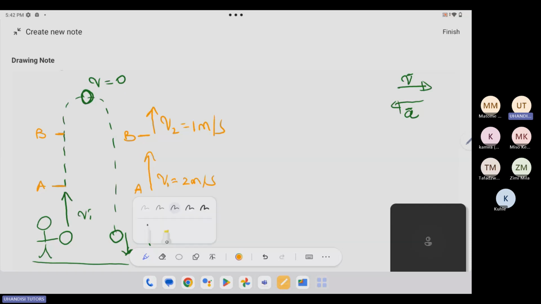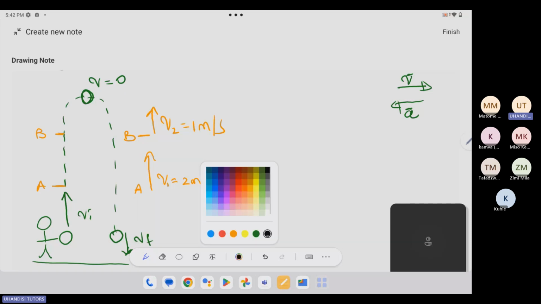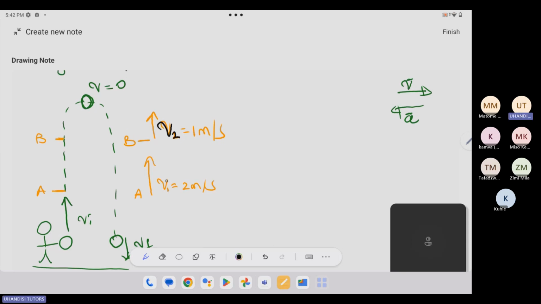So now this is V2 and then this is V1. Now look at it. The velocity is decreasing as it goes up. We want to know in which direction the object is accelerating. It is accelerating downwards. How do I know that it's accelerating downwards? That is because as the object is going upwards, what happens to the magnitude of the velocity vector?